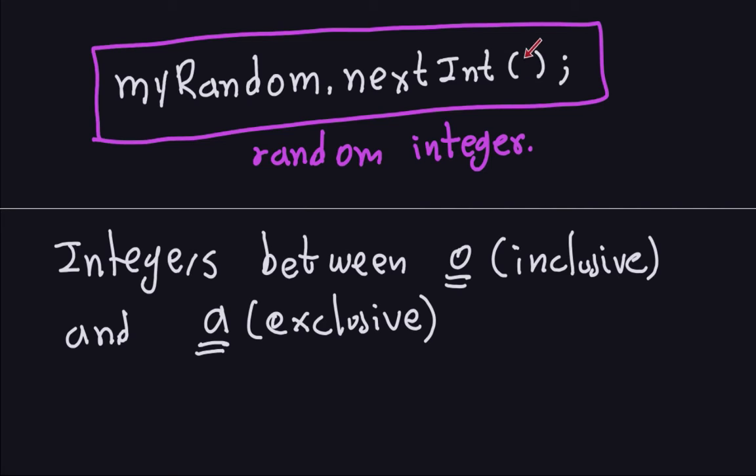So a basic nextInt, and if I put an integer inside this parenthesis, it will mean that the random integer that is going to be generated is going to be between 0 and a, exclusive of a.